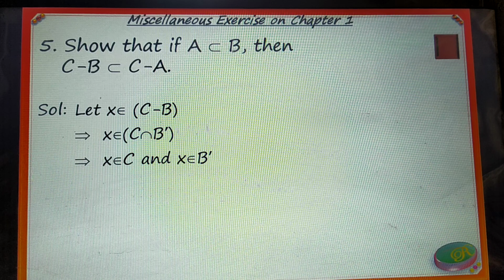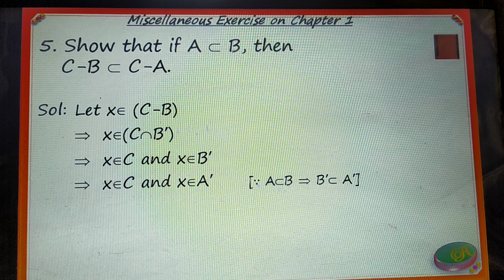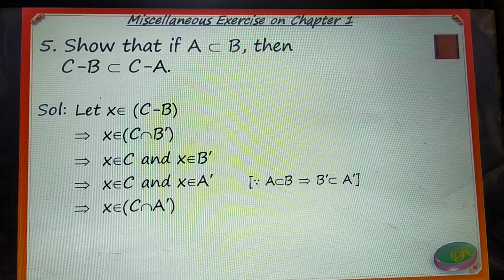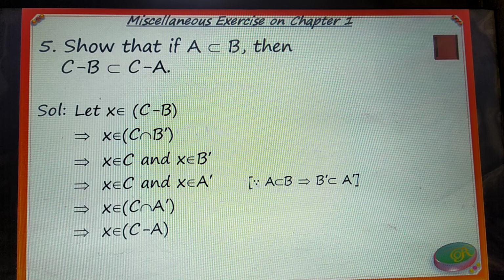This implies x belongs to C and x belongs to complement of B. This implies x belongs to C and x belongs to complement of A, because A is a subset of B implies complement of B is a subset of complement of A. That implies x belongs to C intersection complement of A. This implies x belongs to C minus A. Since x belongs to C minus B implies x belongs to C minus A, therefore C minus B is a subset of C minus A.